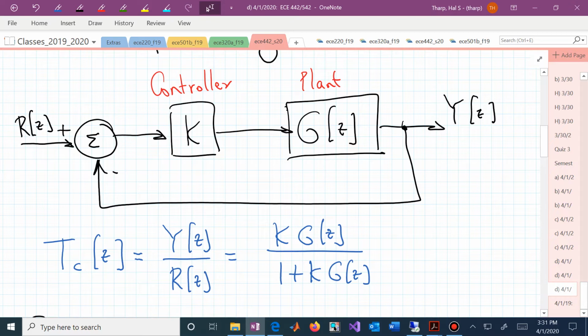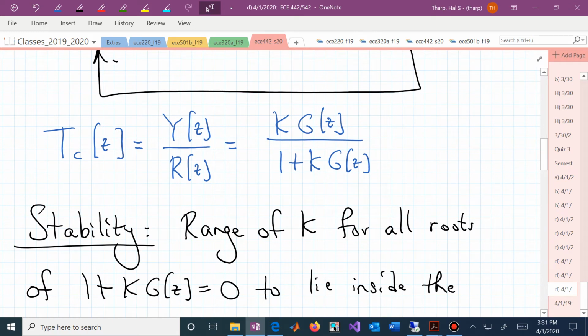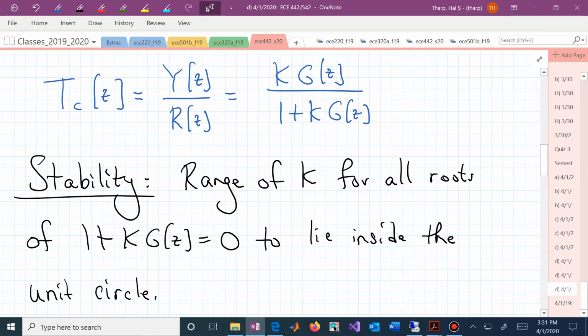For a specific controller, a proportional controller, we want to now ask or address the range of K for all roots of 1 plus KG(z) equals 0 to lie inside the unit circle.